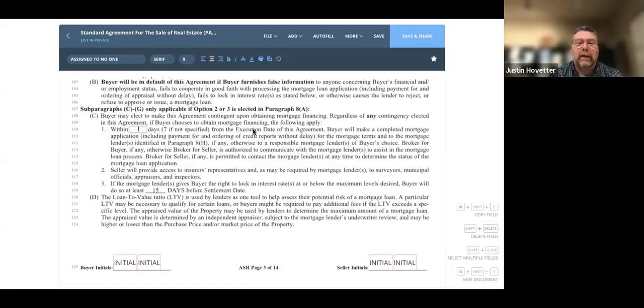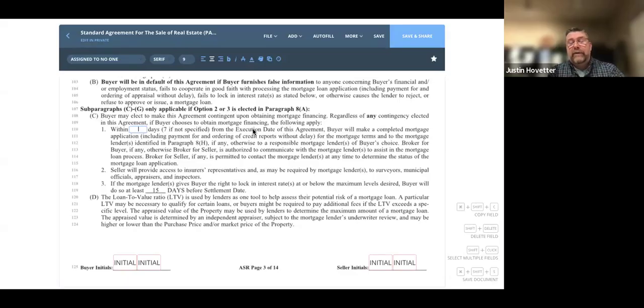Otherwise, the broker for the seller is authorized to communicate with the mortgage lender to assist in the mortgage loan process. Broker for seller, if any, is permitted to contact the mortgage lenders at any time to determine the status of the mortgage loan application.